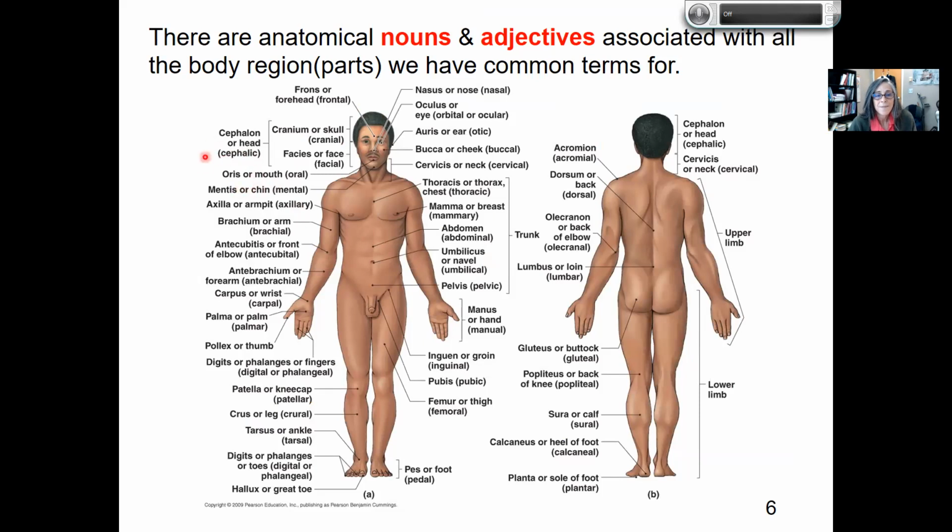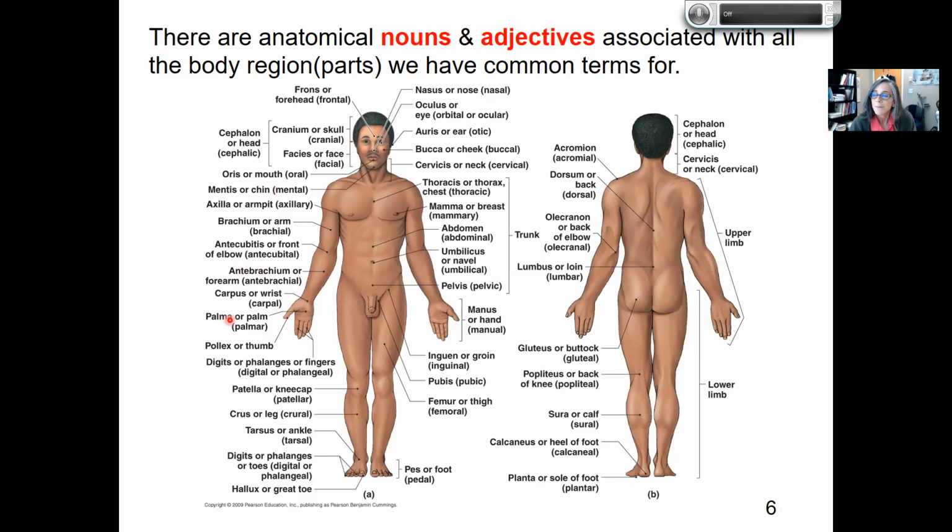What I have is oris, and I have you matching it with mouth. Now, oris or oral are the same thing, so you need to know both. But the answer is still going to be mouth. Then I have another one, such as antebrachium. You need to know that the antebrachium refers to the forearm, and so that's what I have.